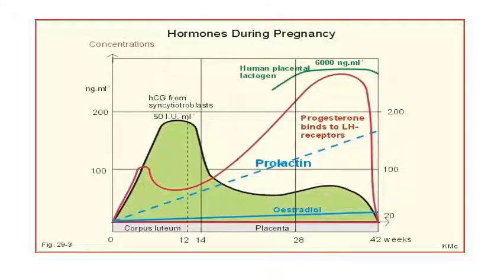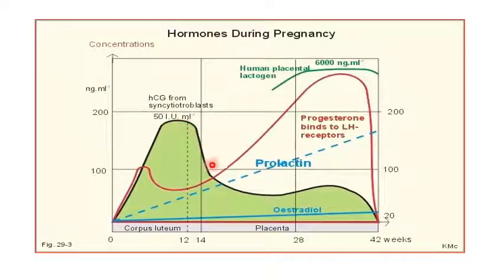When we look at this picture and see how hormones change during pregnancy, we find that early in pregnancy, the main hormone is HCG, which is secreted by the syncytial trophoblast, and this one reaches its peak at 10 weeks.